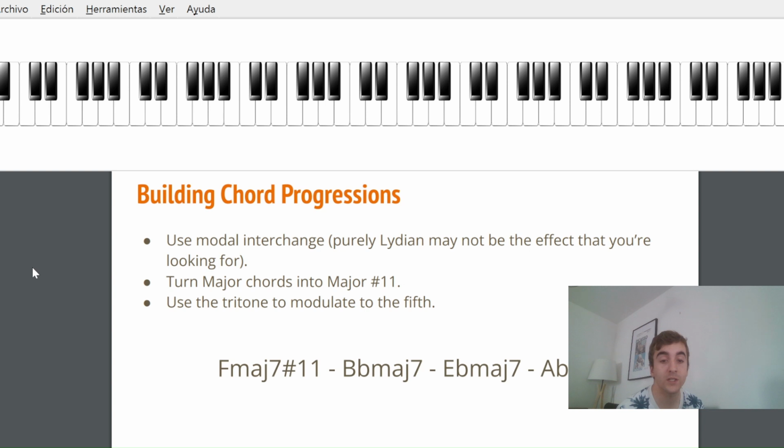We've left an interesting chord progression that you can play around with if you want to get used to this mode.